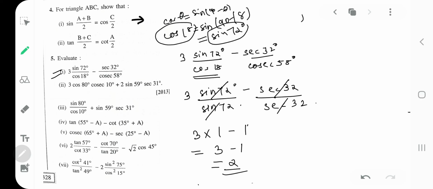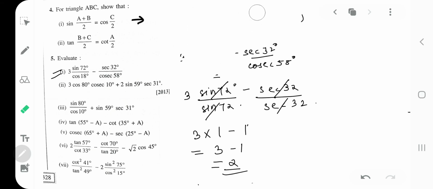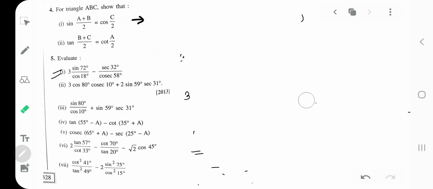Similarly, you have your problem number 2. In all the problems, you have to just use the property I have given, the angular relations between two ratios. There's an angular relation between your sine and cos, your sec and cosec, and cot and tan.